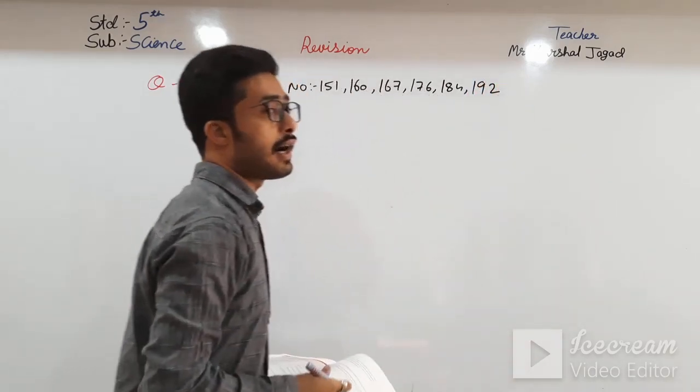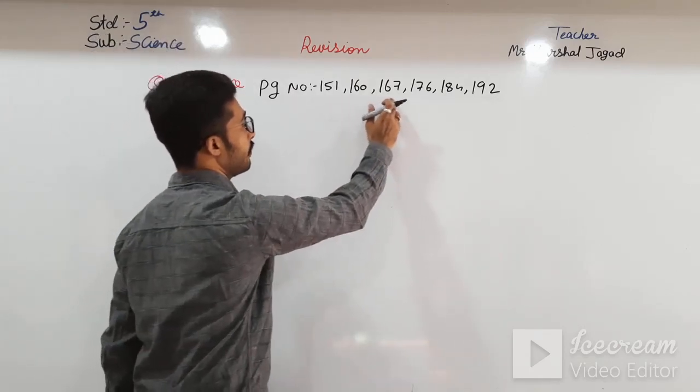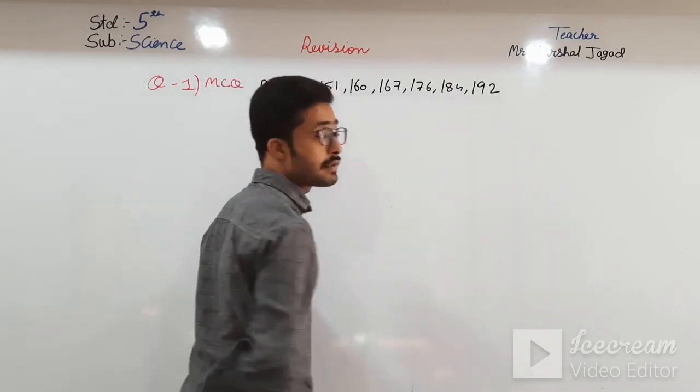So these are the page numbers of MCQ of chapters 1, 2, 3, 4, 5 and 6.